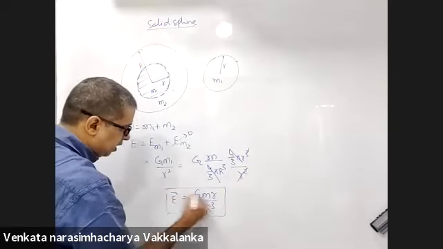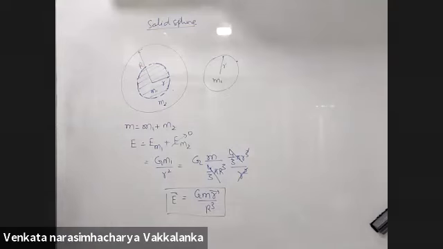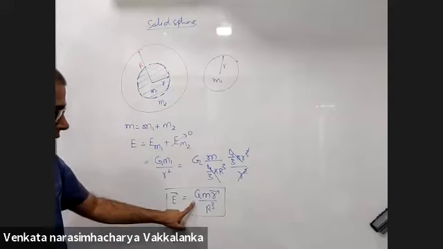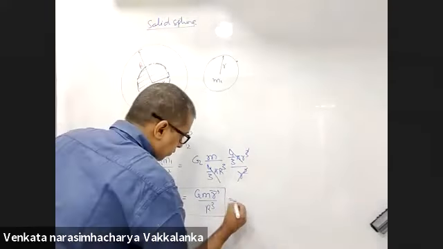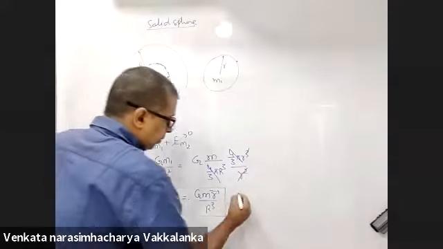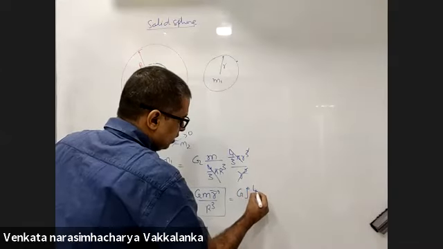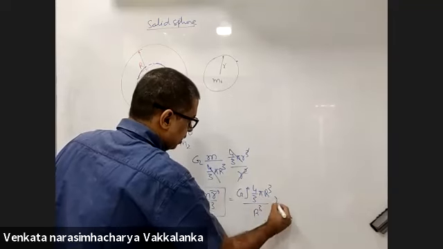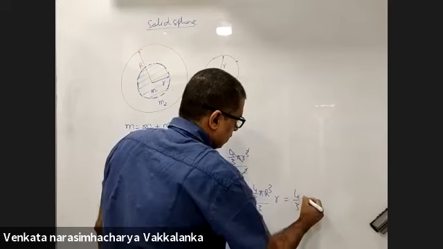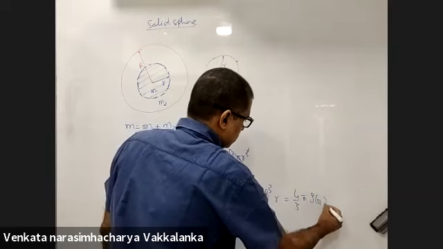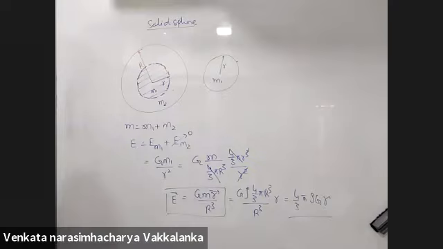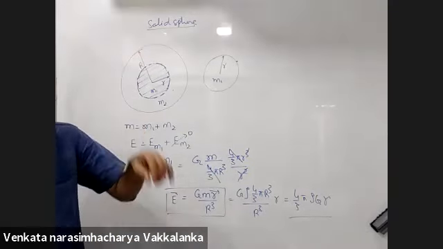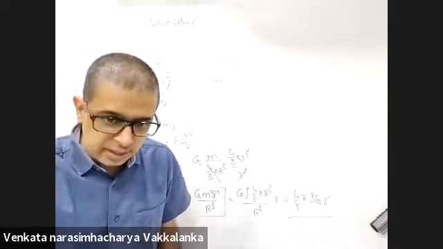Field inside a solid sphere is G m small r by R cube. Right? Now if you substitute small m, G, density, into 4 by 3 pi capital R cube by R cube into small r, we get 4 by 3 pi rho G small r. This is the other form of remembering the expression for field inside a solid sphere. We have done till here, right?